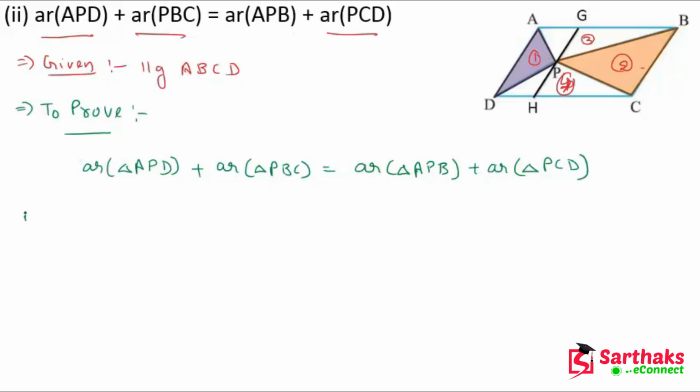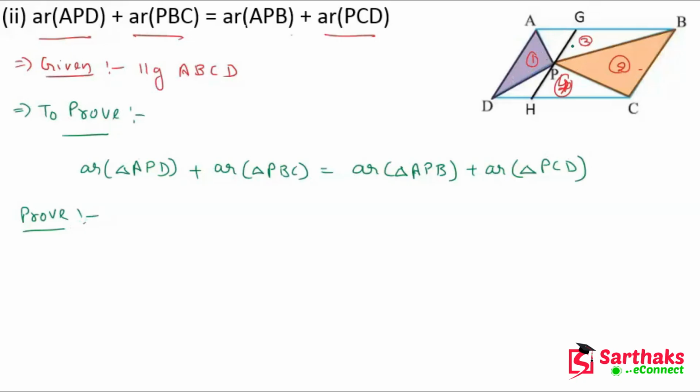Now let's start to prove this. So we know that, my dear friend, area of triangle 3 plus 4 is equal to half of the area of parallelogram ABCD.